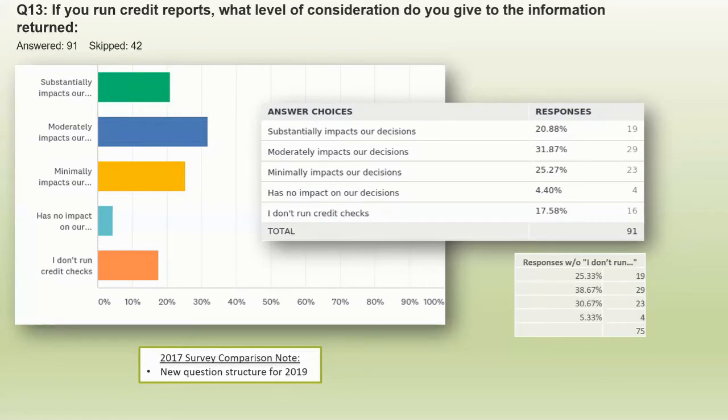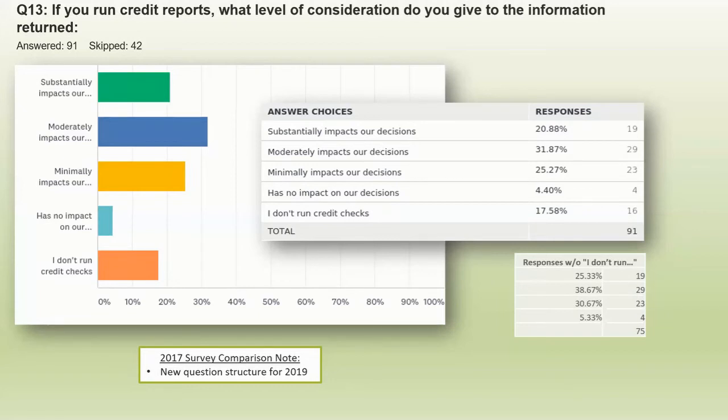For the folks that are using credit reports, if you take out the "I don't run credit checks" population, that last row of 16 respondents, and break those numbers down again, 25% say the information substantially impacts their decision. Approximately 40% say it moderately impacts, and 30% say it minimally impacts.